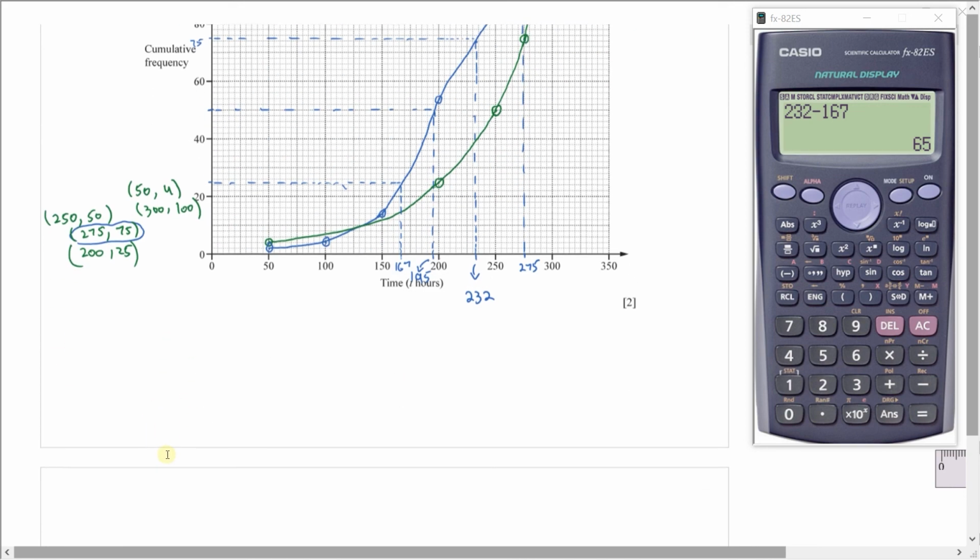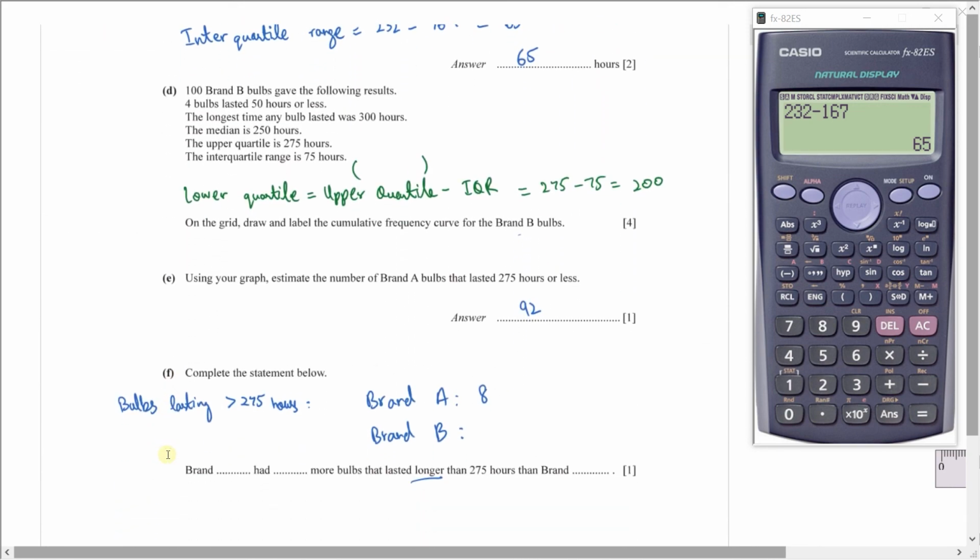So for brand B, 75 bulbs last less than or equal to 275 hours. So how many will last more than 275 hours? The remaining 100 minus 75, which is 25.